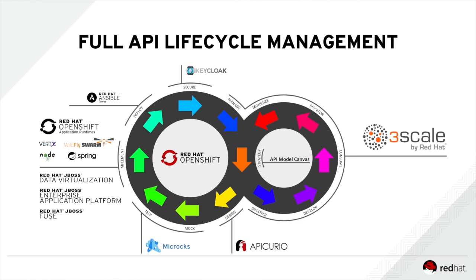Then you may start with the loop on the left, including design, mocking, testing, implementing and deploying phases. The loop on the right is the operational one regarding running APIs and making them consumable. And both loops should then provide you some insights on how to adapt your strategy for the next iteration.